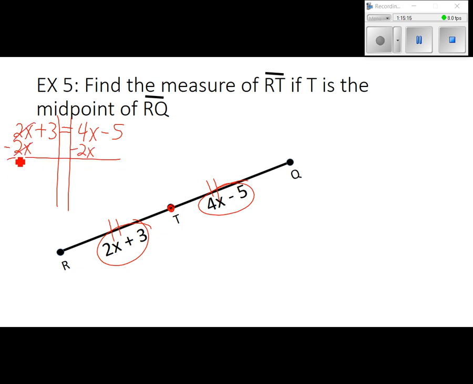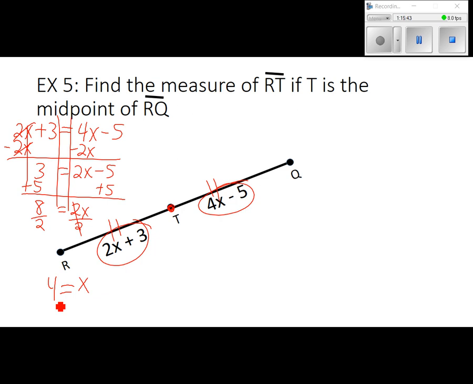You're left with 3 equals 2x minus 5. Please remember in that first step, you're always trying to get all the x's on one side first. Add 5 on both sides, that's 8. 2x, divide by 2, divide by 2, you end up with x equals 4.